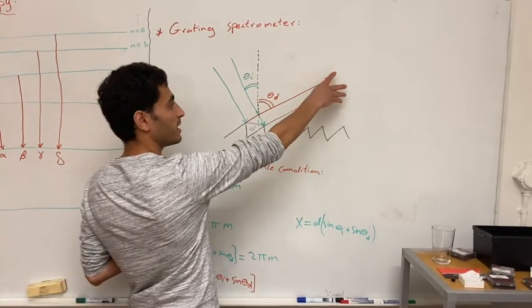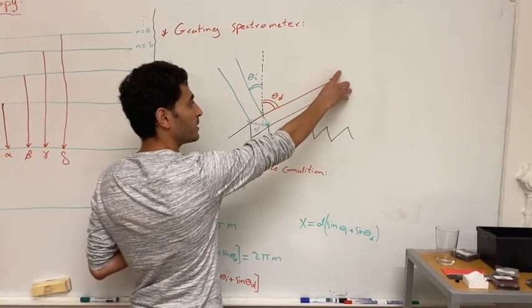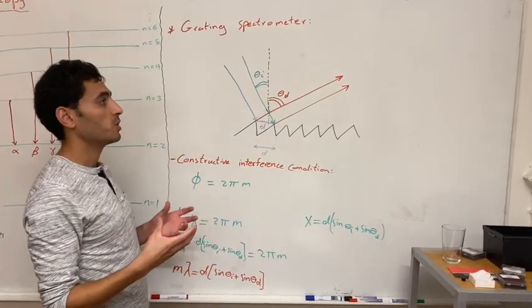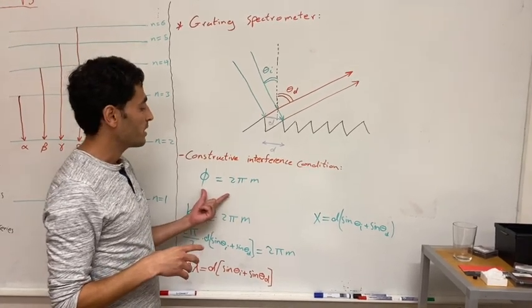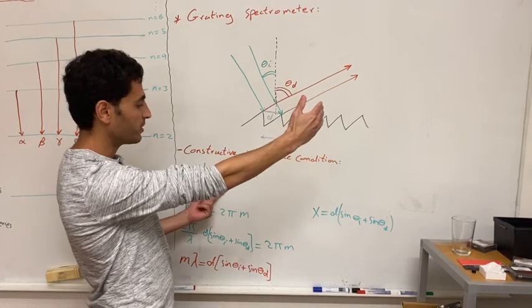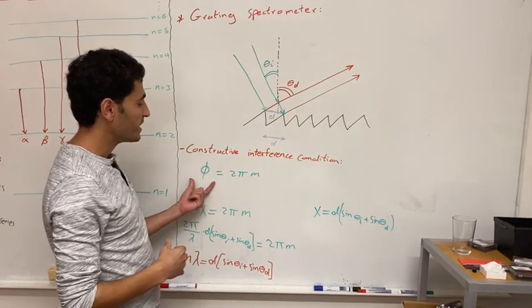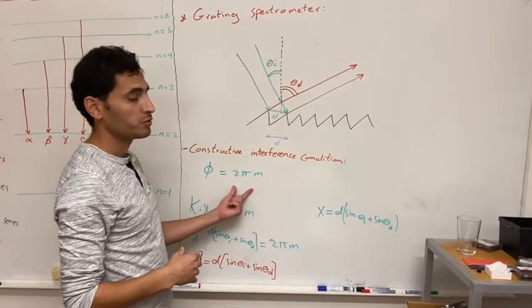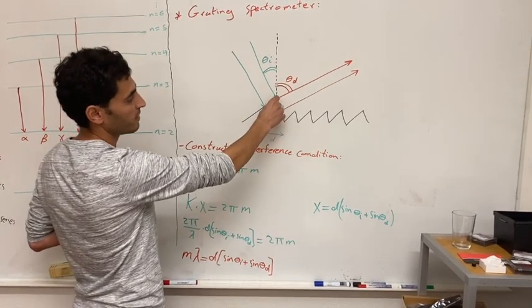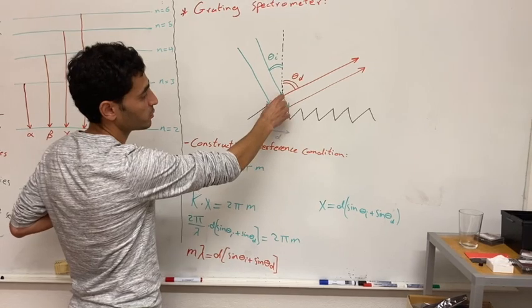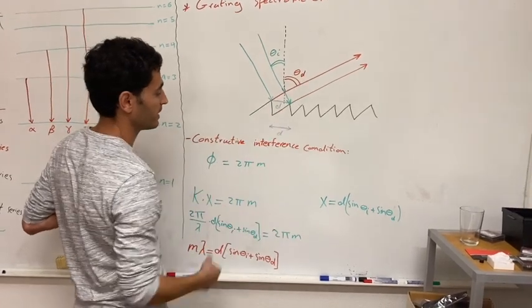You will see the light because of this condition. You will see constructive interference on the other side when the phase is an integer multiple of 2 pi. And the phase here is related to the path difference between the incident light and the diffracted light.